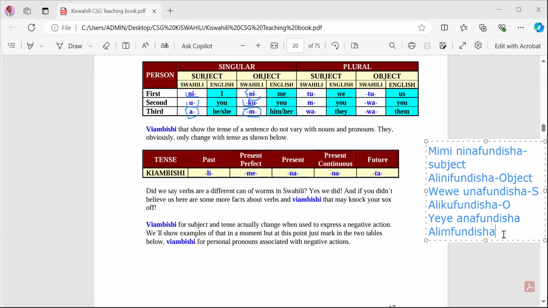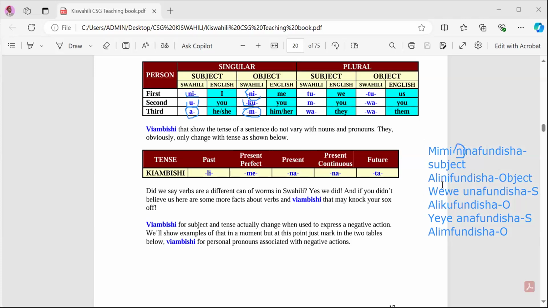Now, this is also object, and this is subject. Now, let me draw the prefix here. So for this first one, the prefix is ni. Ninafundisha.